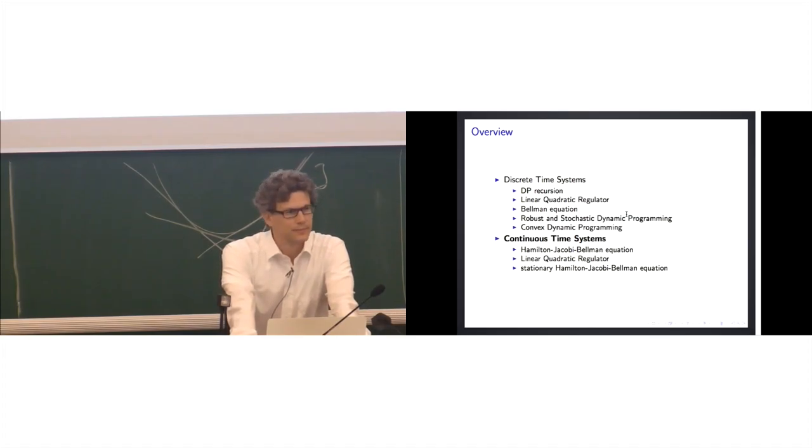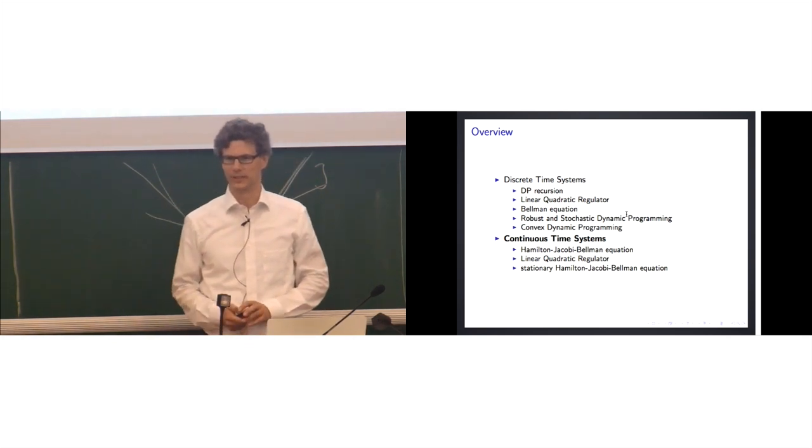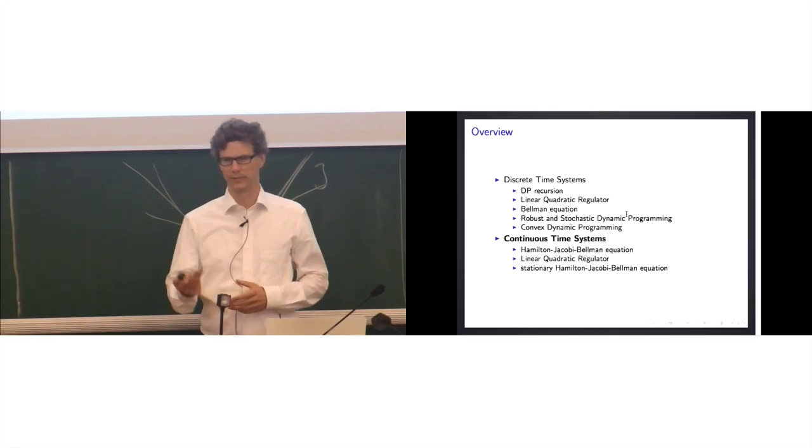And if there are no questions now, I would go to the continuous time case, where we want to rigorously make the step from dynamic programming to the Hamilton-Jacobi-Bellman equation by using a simple limiting argument, so that you get the full picture.